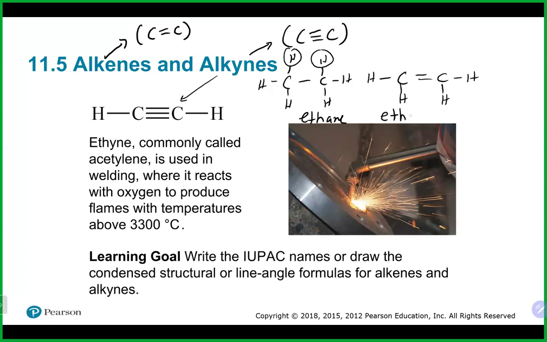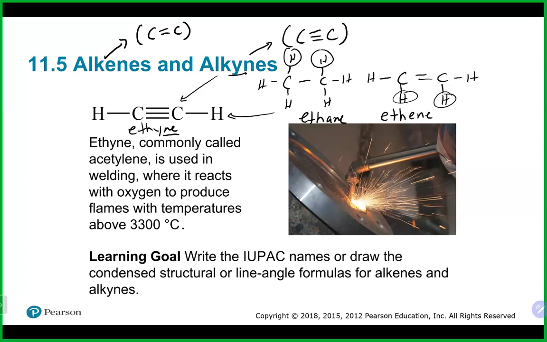But since it has a double bond, it's not ethane, A-N-E, it is ethene, E-N-E, like an alkene. So that is ethene. And if I need to throw a triple bond on, I'm going to take out two more hydrogens, and we'll end up over here to this guy. And we will now have ethyne, Y-N-E, just like an alkyne.